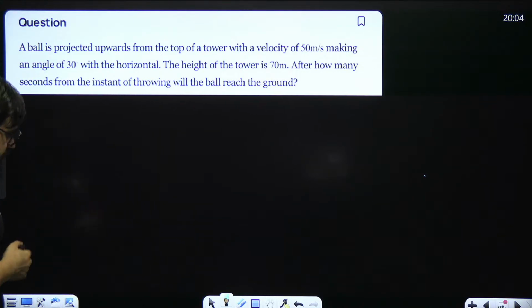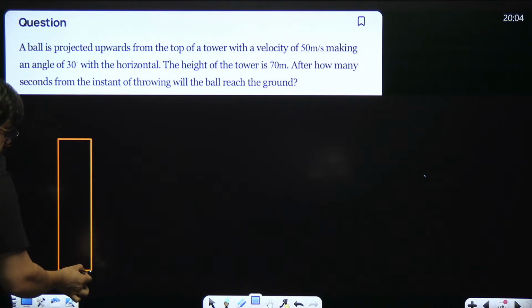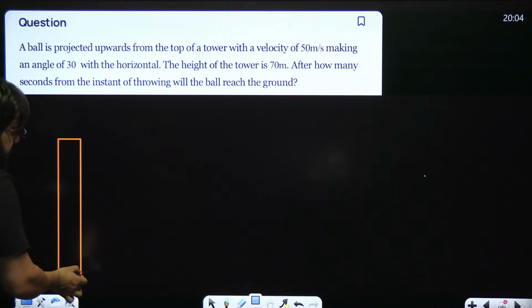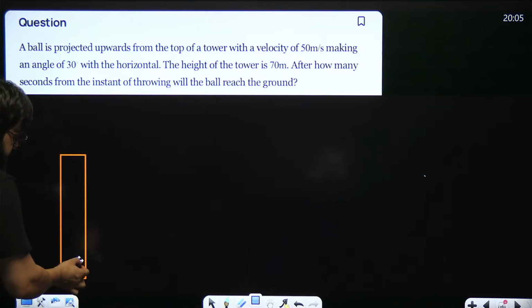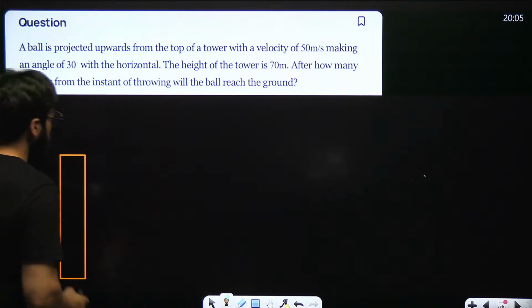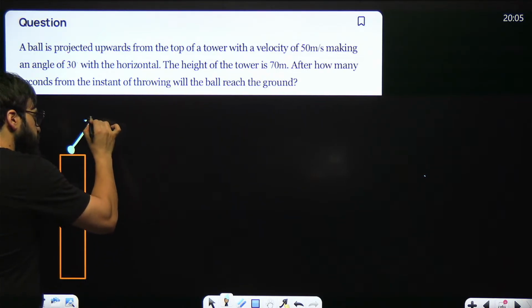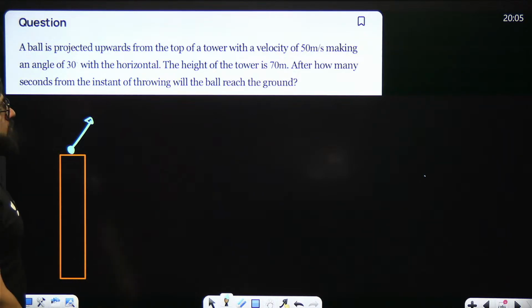Now guys see, it says that a ball is projected from the top of a tower. This is a tower. This ball is projected upwards from the top of a tower.